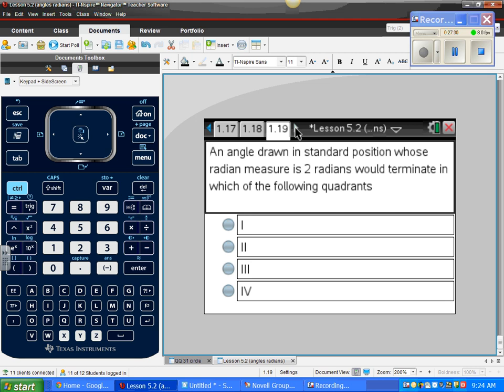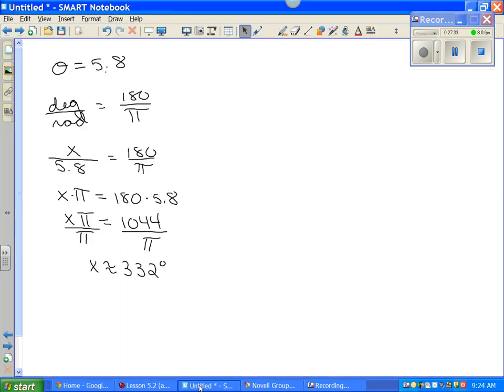So 2 radians. I want to switch that to degrees. How? X over 2. Great. Now what? Very good. Pi times x equals 360. Great.